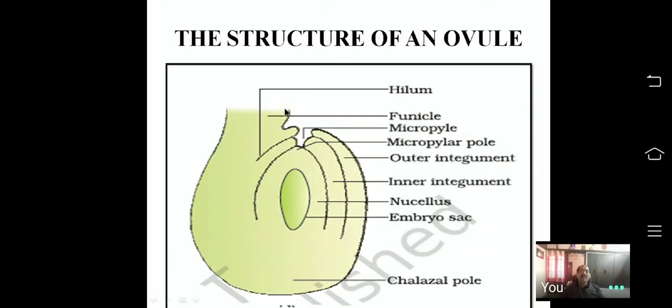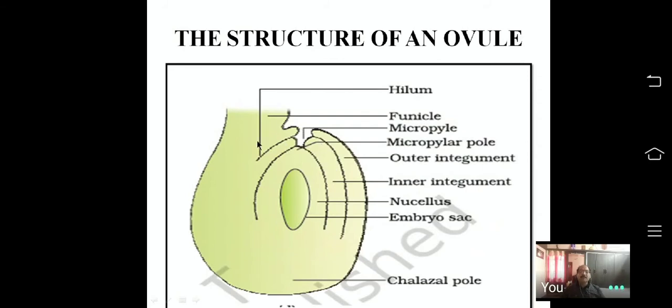This is the structure of the megasporangium. This is a stalk of the ovule through which it is attached to the wall of the ovary called placenta. This stalk is called funicle.